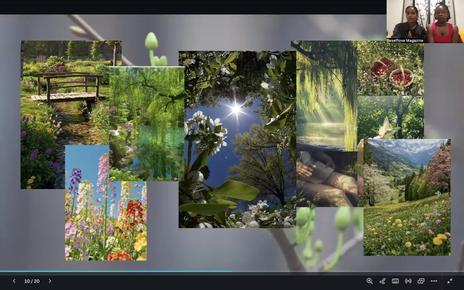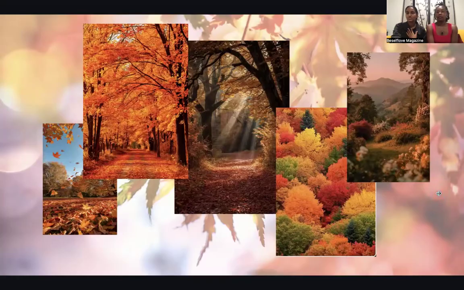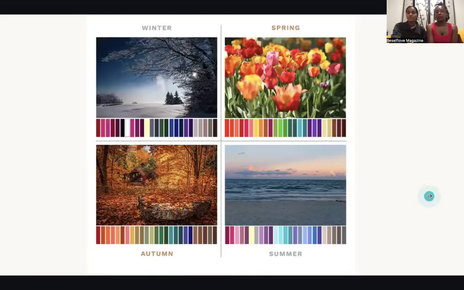Spring, where we see a lot of bright, warm spring colors. We have autumn, where we see a lot of orange, dusty browns, and we have the four seasons. So this is how the seasonal color analysis was developed.